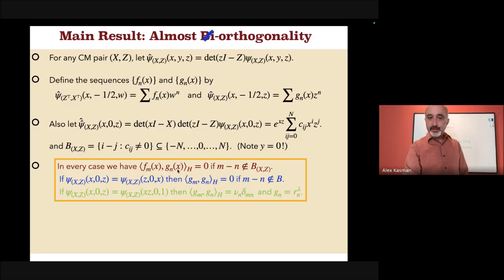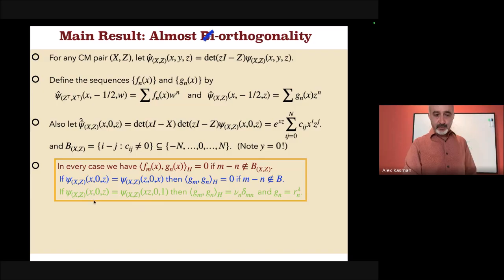So the sequences F and G are almost bi-orthogonal. If the point happens to be a fixed point of the bispectral involution, so that switching x and z doesn't change anything when y is 0, then the two sequences are actually the same. The sequence F and the sequence G are just two different names for the same sequence. So then we can say that the function G is almost orthogonal to itself.